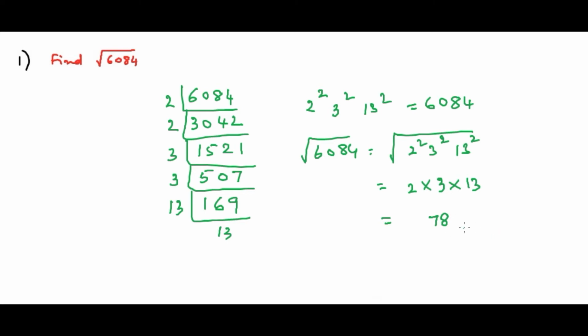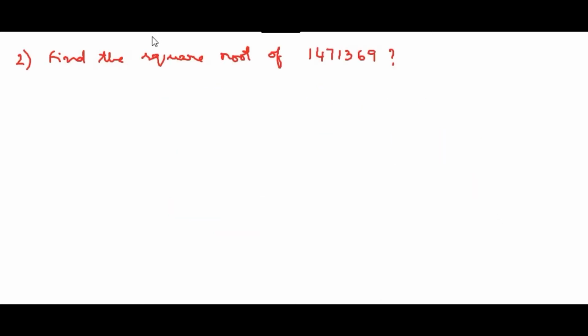So this will be equal to 78. 3 times 13 is 39, twice that is 78. So this is one type of solving square root by using the factorization method. Let's move on to the next question.